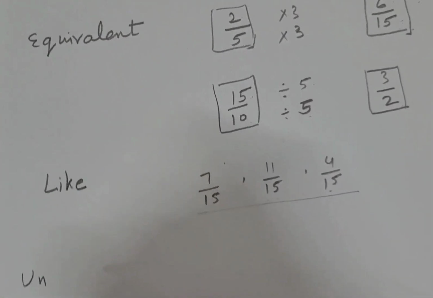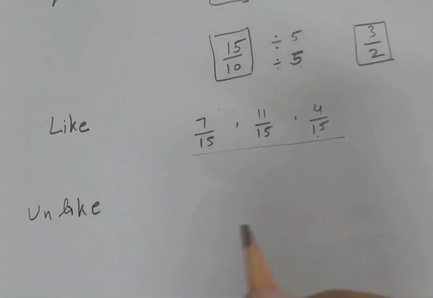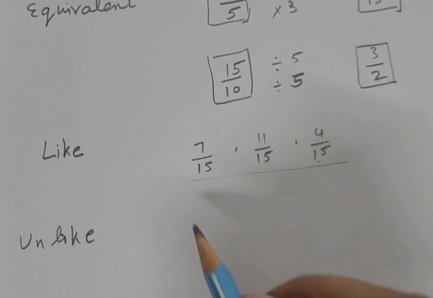And next we have unlike fractions. What are unlike fractions? Where the denominators are not the same.